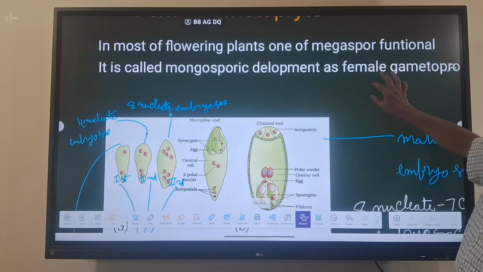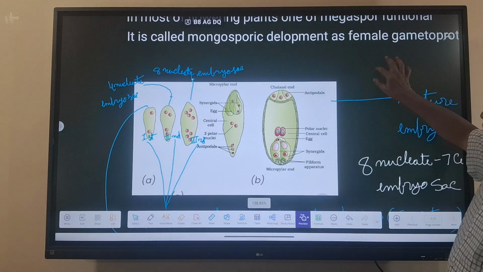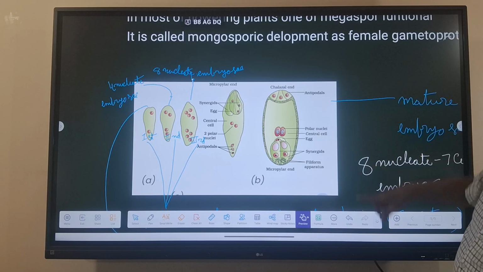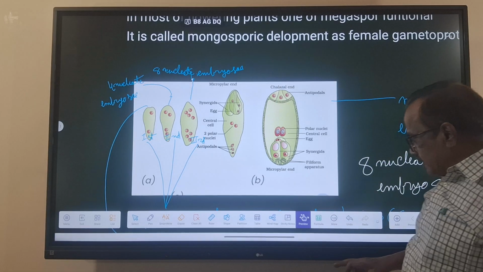Now see here how the female gametophyte is forming. He has given it in the textbook.